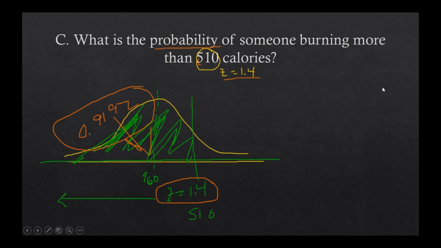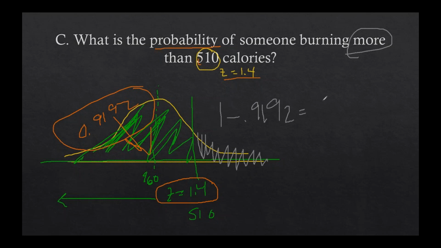Burning more than 510 calories. Well, which side are we looking at if we want more than 510 calories? To the right. So now we want this side. And how do I find the gray side? Take 1 minus 0.9192.